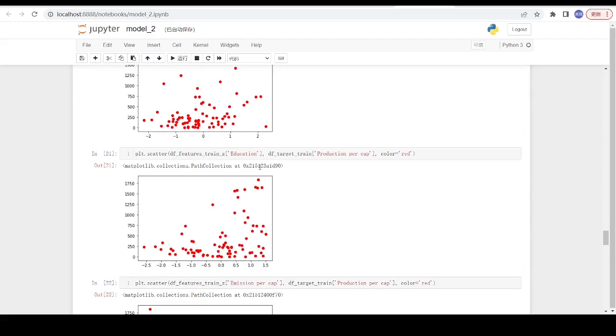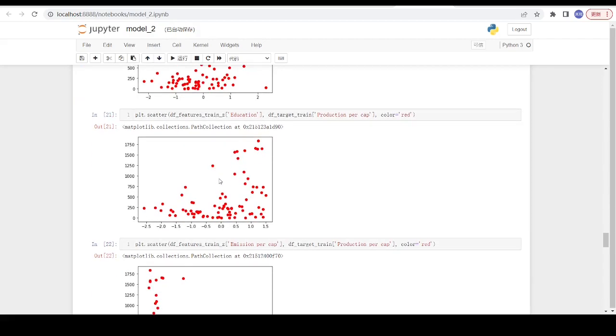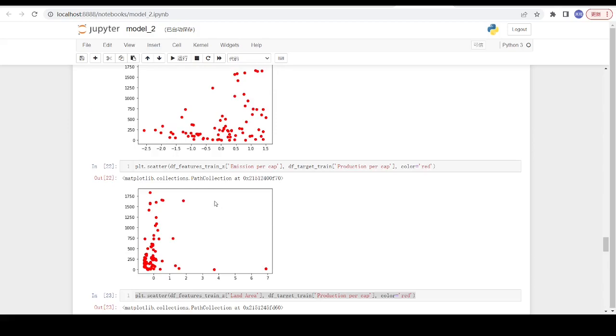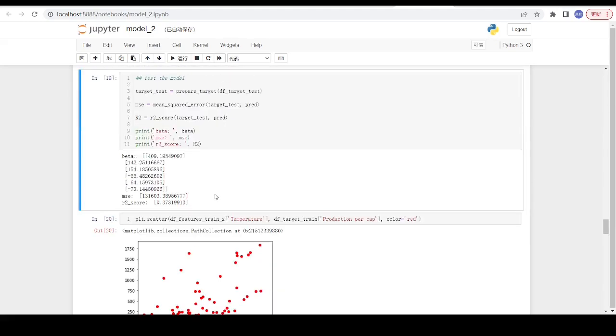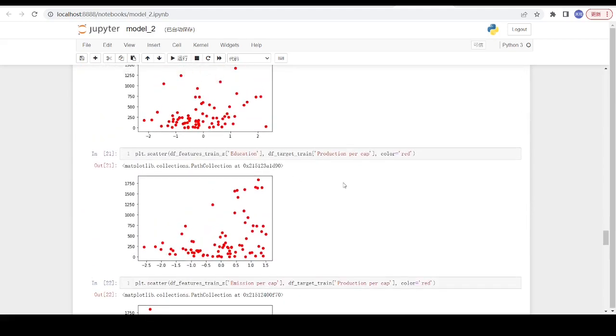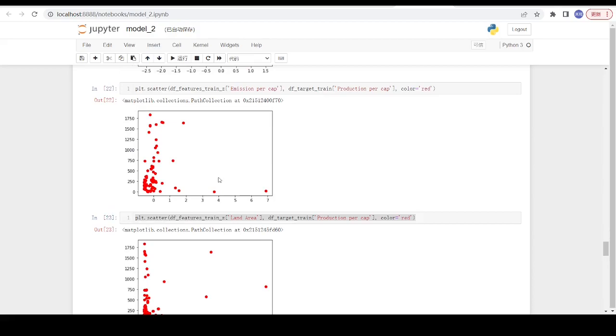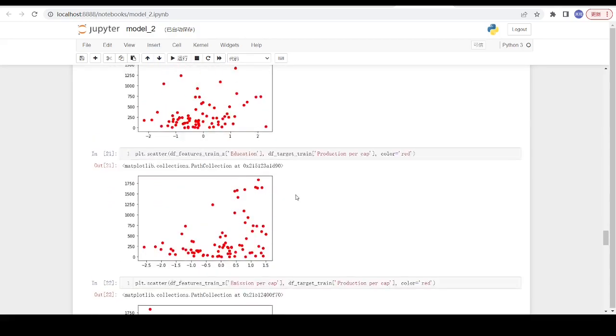After the first model, we drew the graphs of all 5 variables against production. We find all the relations are not necessarily linear. For example, the relationship between education and production per capita is similar to a quadratic relation, and for emission and production it seems to be an inverse relation.